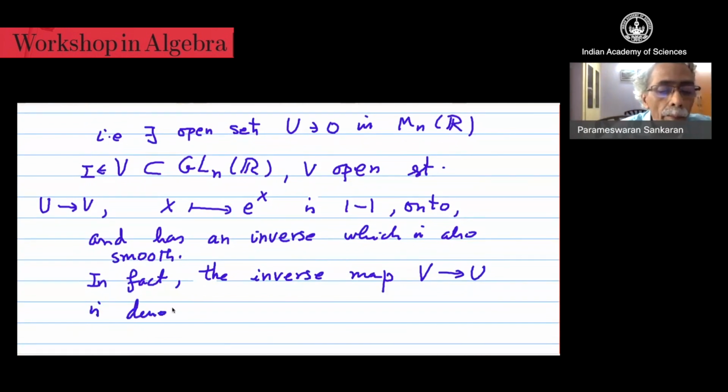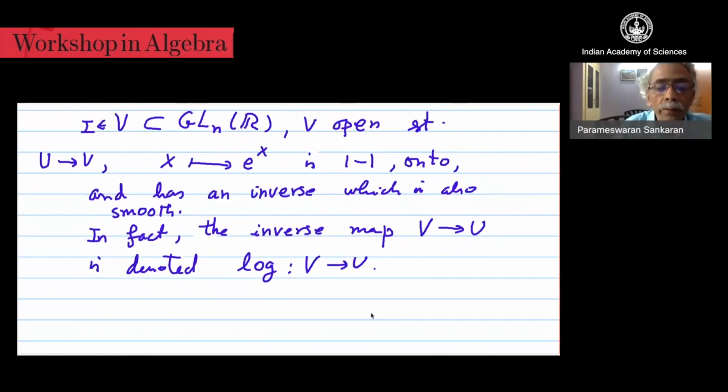denoted most appropriately as log, from V to U. And how is this defined? I'll write that definition, but maybe not elaborate on it too much.